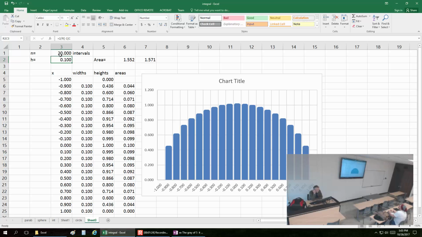The width is then 0.1, as you can see, and the heights are found by sampling our function, which is the square root of 1 minus x squared. We proceed from left to right each time, computing the area of each by simple multiplication.